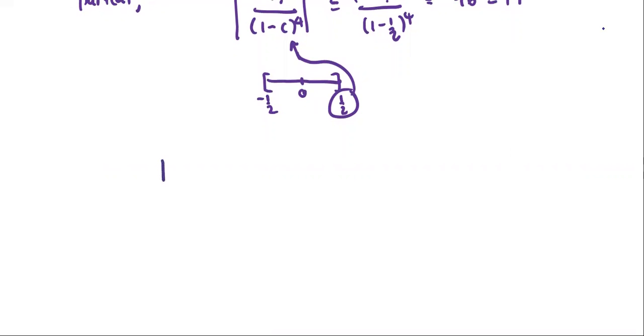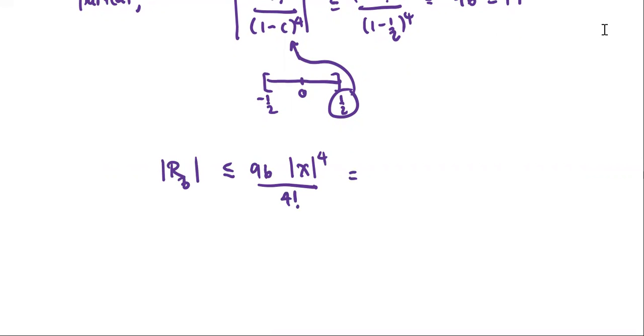Then we're going to estimate the error using the Taylor polynomial of degree 3, which is less than or equal to M, which is 96, multiplied by the absolute value of x to the power 4 divided by 4 factorial.